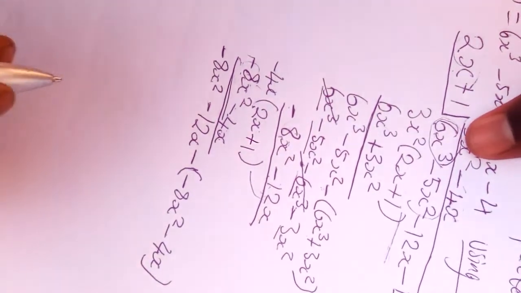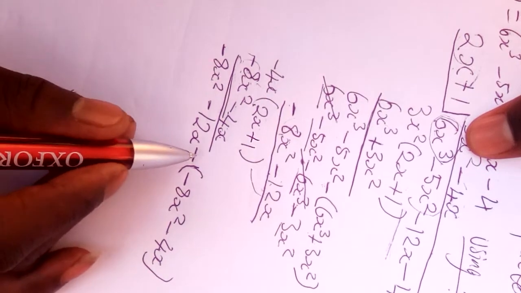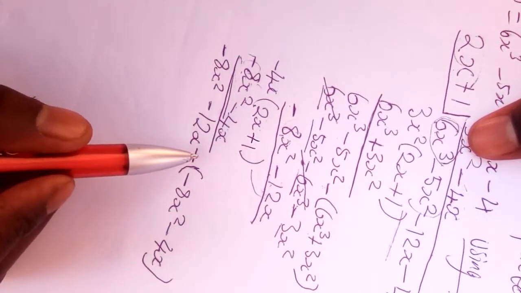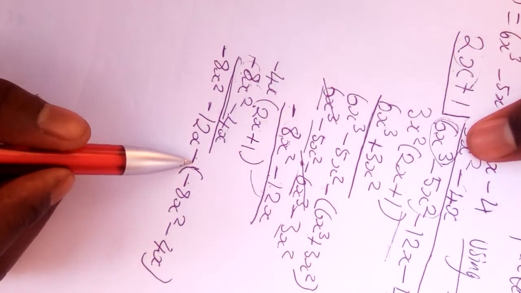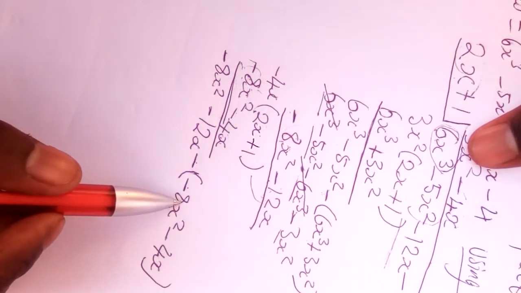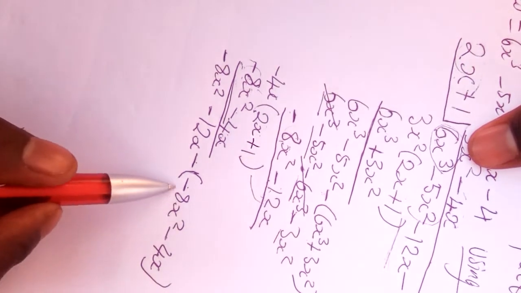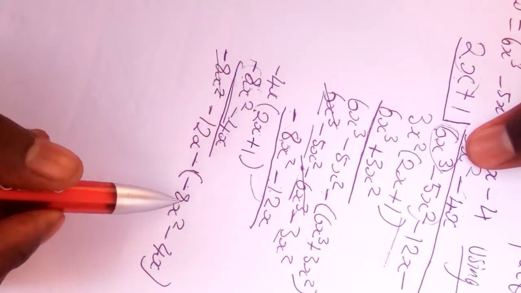Then let us go straight to the answer, because of time. When we multiply negative by negative, we get positive, which is telling us this number is going to be positive 8x squared. So this number is unlike this one, so it is going to cancel this one.